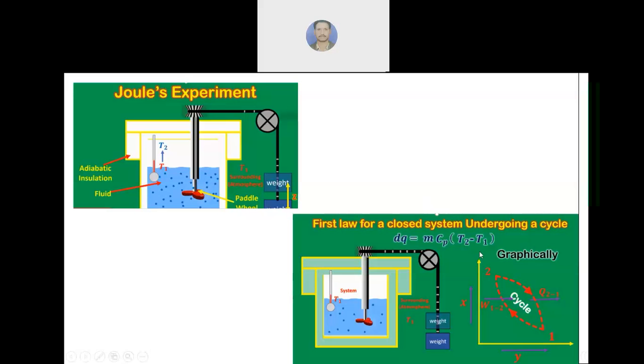So you can see that in a complete cycle there are two things: one is heat transfer, one is work transfer. Both are path functions, both are forms of energy. From this observation, Joule found the first law of thermodynamics.